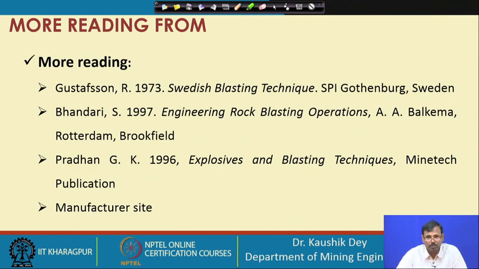We will discuss those accessories in the next class, but again it is desired that those who are attending this course should go for more reading from these references, and I again request you to visit the different manufacturer sites to learn more from this lecture.